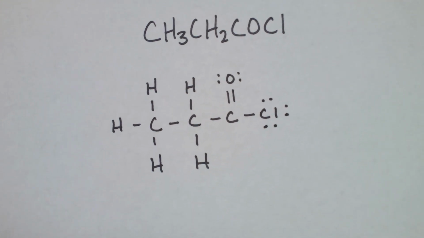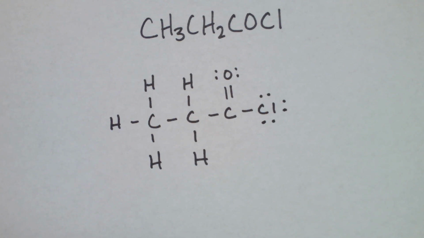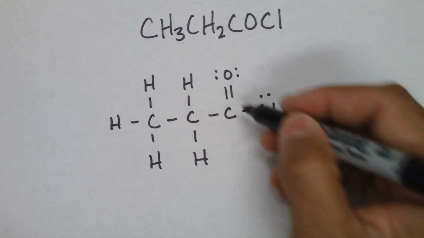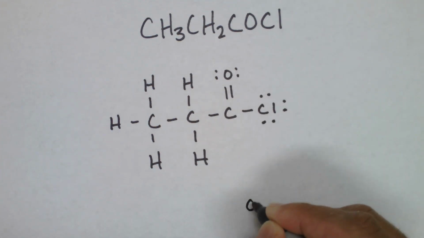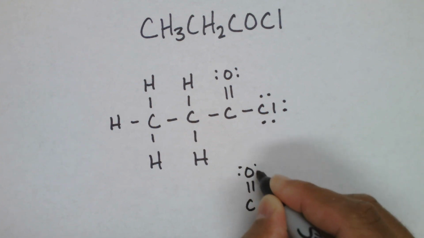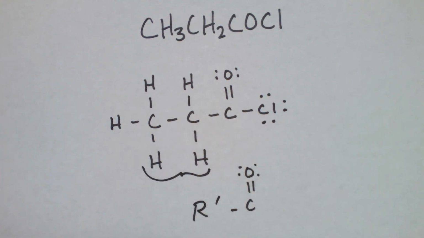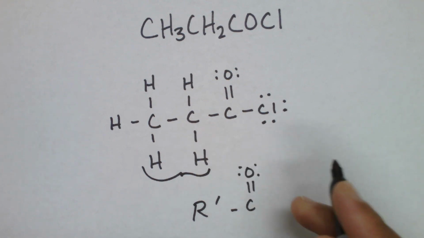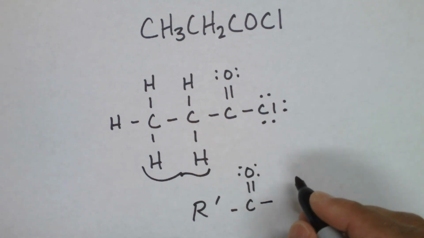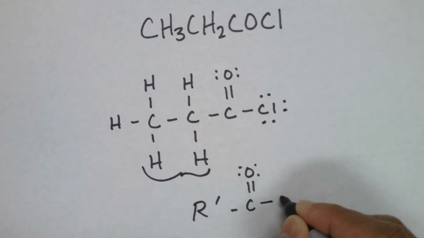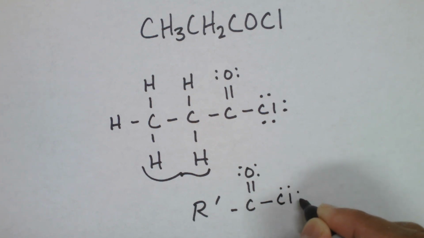This is a functional group commonly seen in organic chemistry when the carbonyl is bonded to an R group, so some carbon chain, but it's also bonded to one of the halides. In this case, a chlorine.